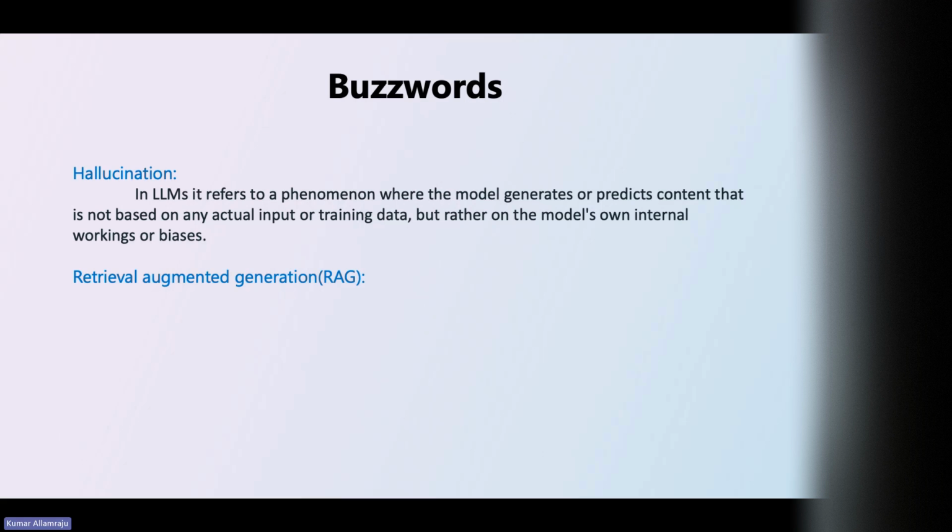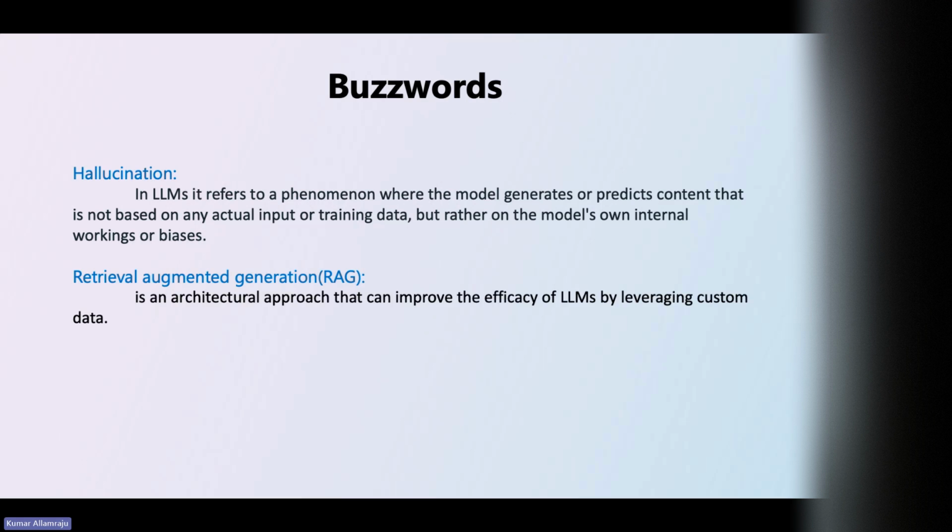Now you might have heard about RAG, retrieval augmented generation. What exactly does it mean? It's essentially an approach that we typically use in the context of large language models, with information retrieval techniques to improve the quality and relevance of your generated text. If you are working in an organization and chatting with a chatbot, you want the data to be provided in the context of what makes sense to you.